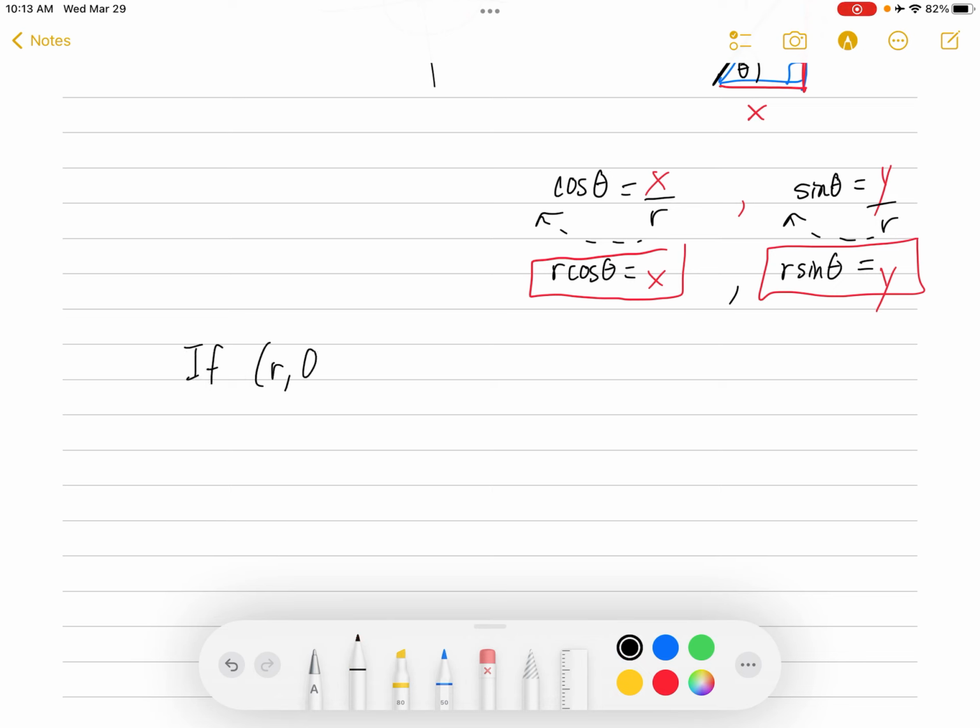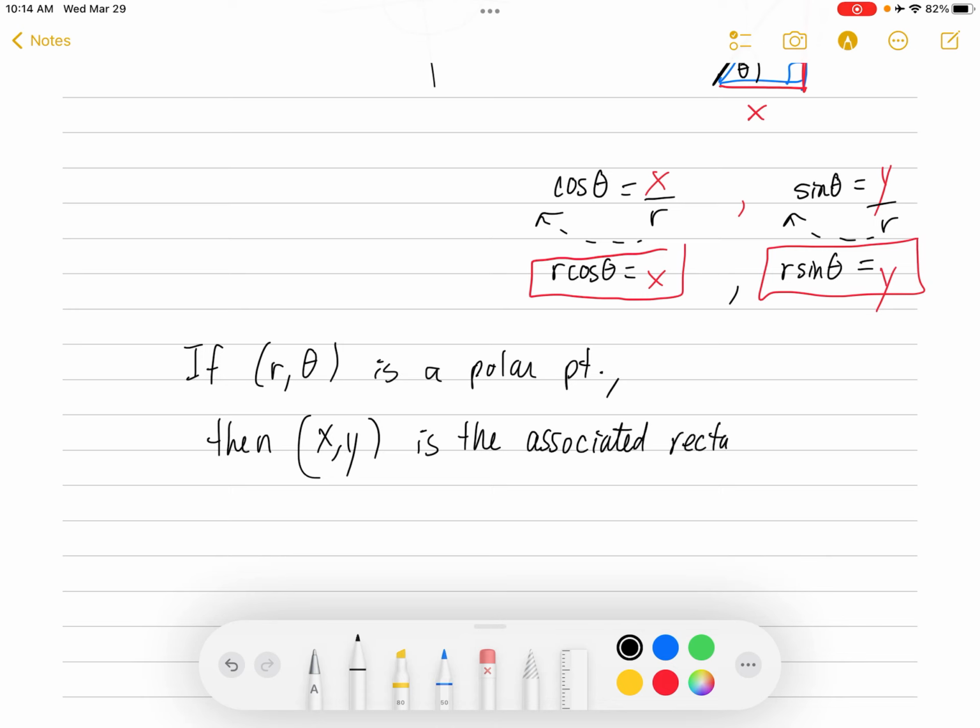So, in conclusion, we can say this. If r, theta is a polar point, then x, y is the associated rectangular point when x equals r cosine of theta.